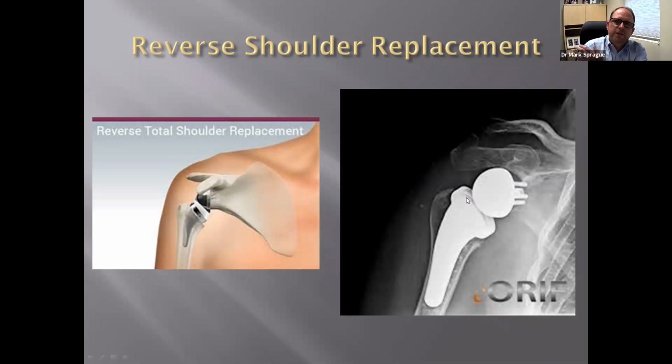So if someone has a good functioning deltoid and bad rotator cuff arthropathy, this is the operation. It's very, very successful at giving people back pain-free elevation to their shoulder, and it relies on the deltoid muscle. So we don't have to rely on a rotator cuff, because in people like this, they don't have a functioning rotator cuff.